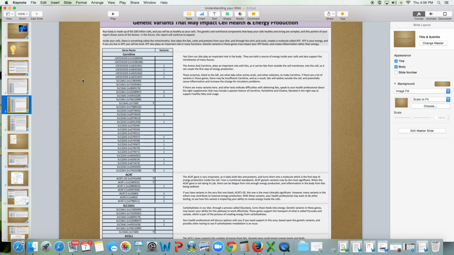Moving on, genetic variants that may impact cell health and cell energy production. This set of genes helps you get nutrients into the cell, and break down fats, carbohydrates and proteins into end products to go through glycolysis and the Krebs cycle so that you can make energy.